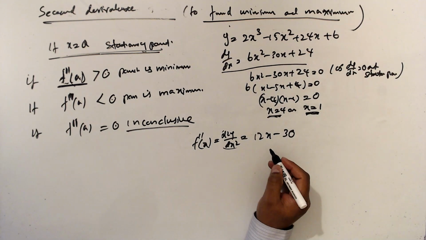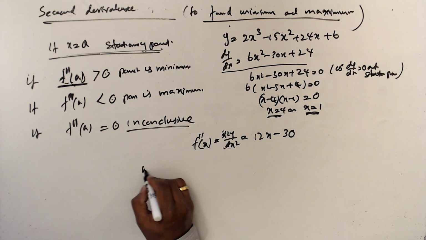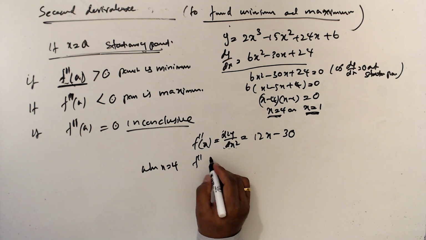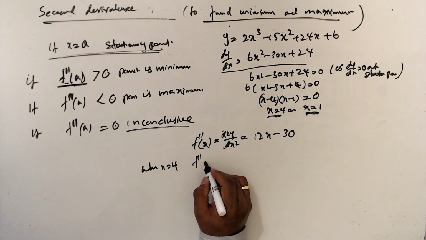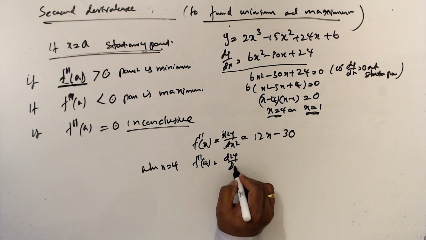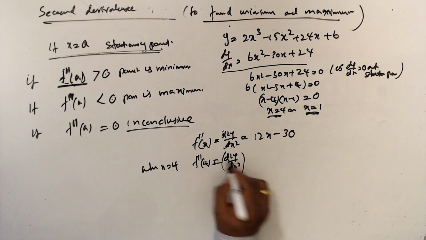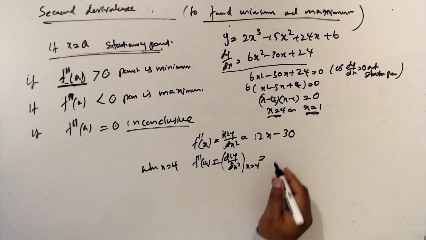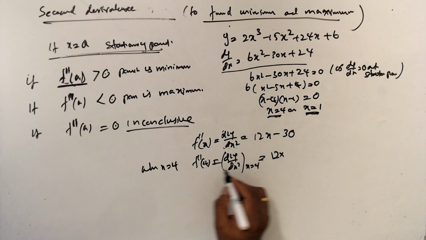Now, when x equals 4, d squared y over dx squared at x equals 4, you can write either this way or that way. Now 12 times what is the x value? 4.